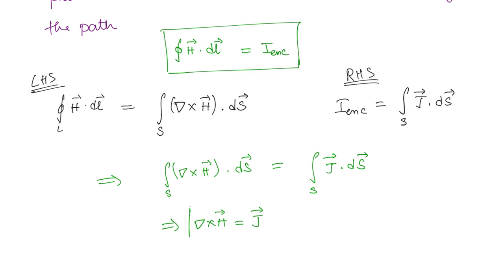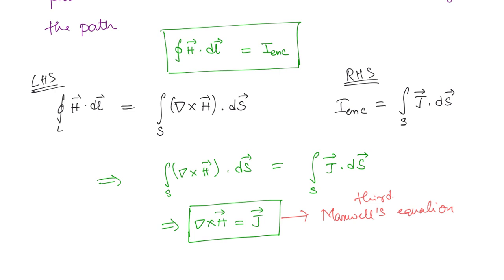Okay. So this is another way in which Ampere's circuital law can be expressed. Del cross H bar is equal to J bar. So this is called the Maxwell's third equation. So we will learn about the complete Maxwell's equations later, but for now you need to know this is one of the Maxwell's equations, or the third Maxwell's equation.